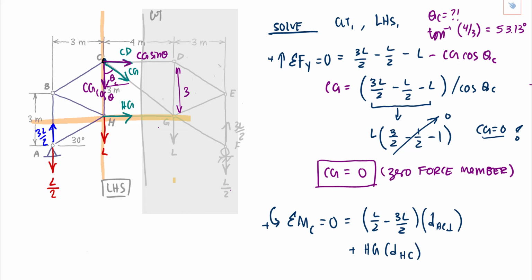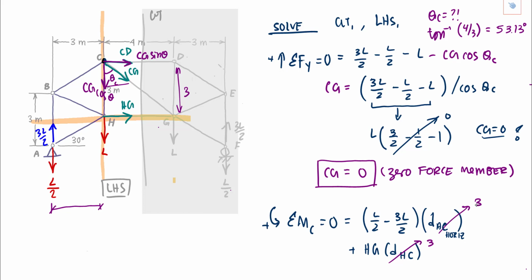Let's put a quick reminder of what's what. This distance is going to be 3, and this distance is also 3. I should put not perpendicular, that's misleading. I'll put horizontal. It's the horizontal distance from A to C, and that is equal to 3.